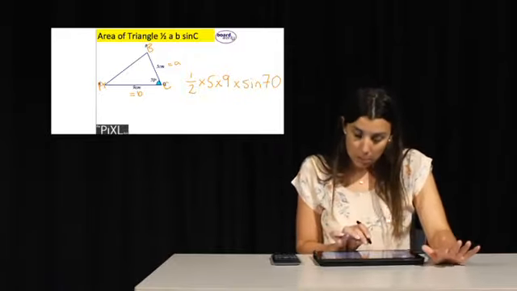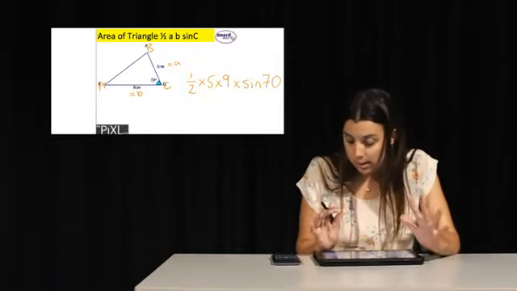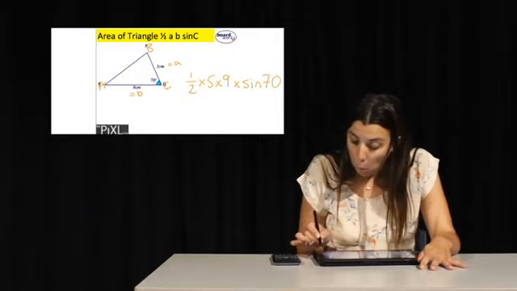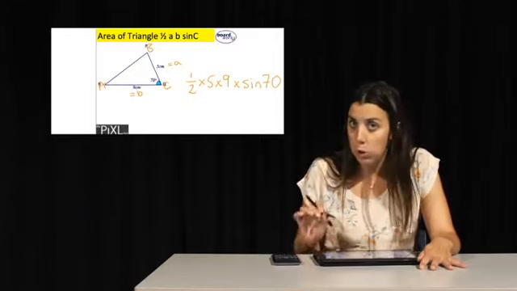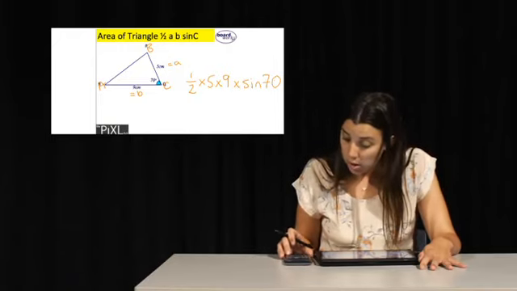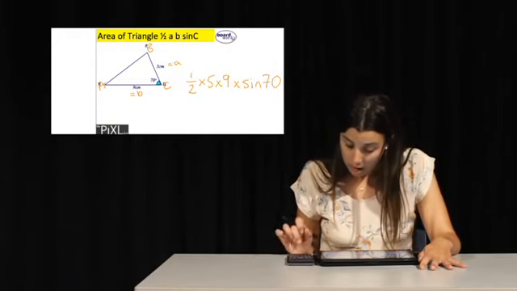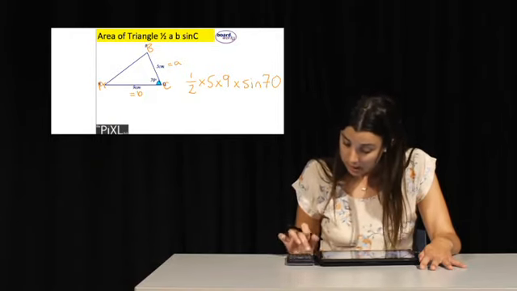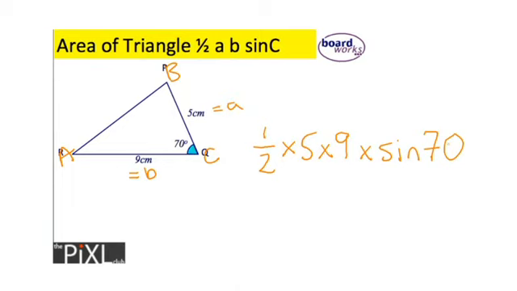So half stays the same. You multiply by the two sides and then multiply by the sine of the included angle. Once you've got that, it's simple. You type it into your calculator. So a half multiplied by 5 multiplied by 9 multiplied by sine 70 is equal to 21.14308397.